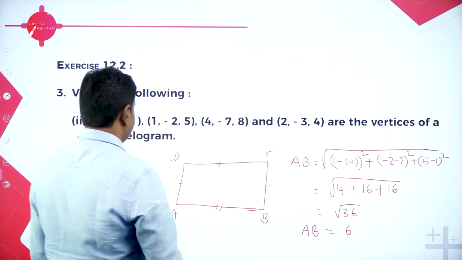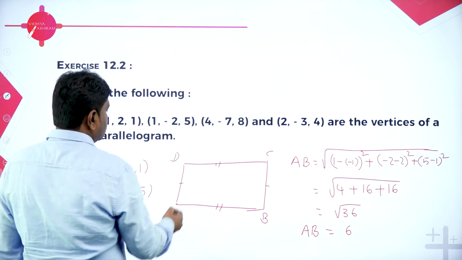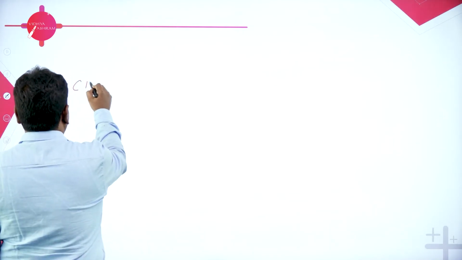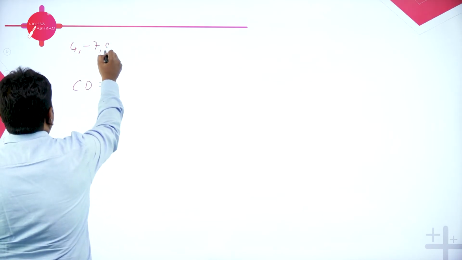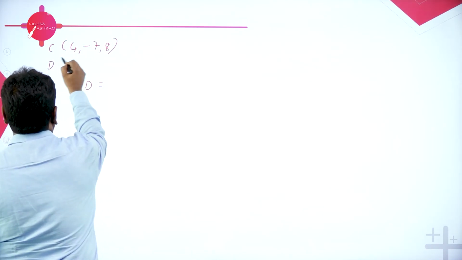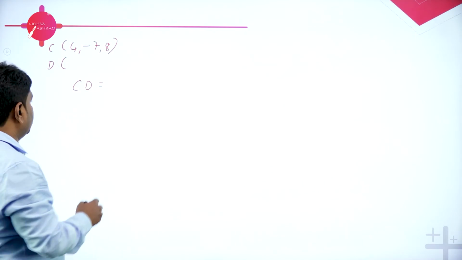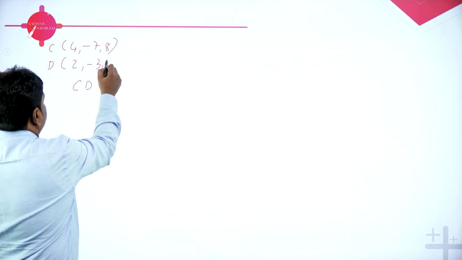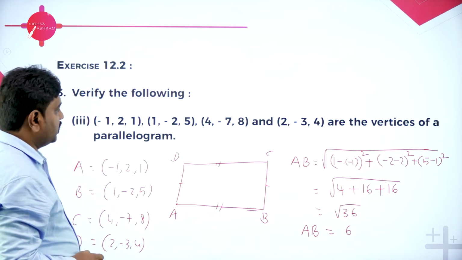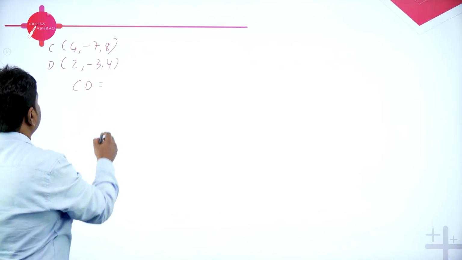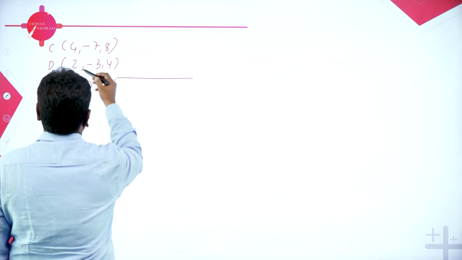Now further, find CD. So what is C given? 4, minus 7, 8 is C, and D, what is D given? 2, minus 3, 4. Now CD, apply distance formula, root of x2 minus x1.